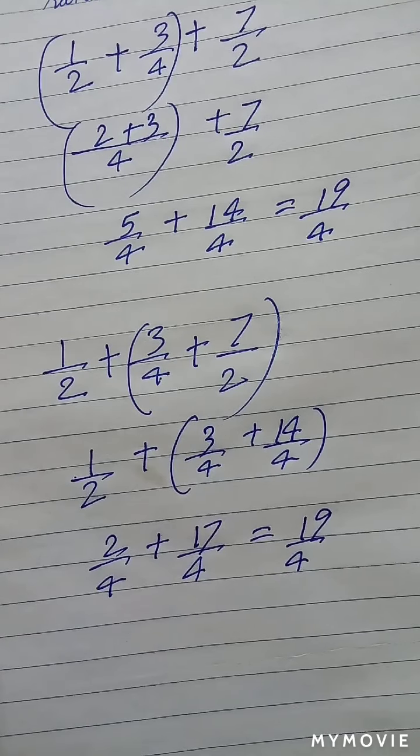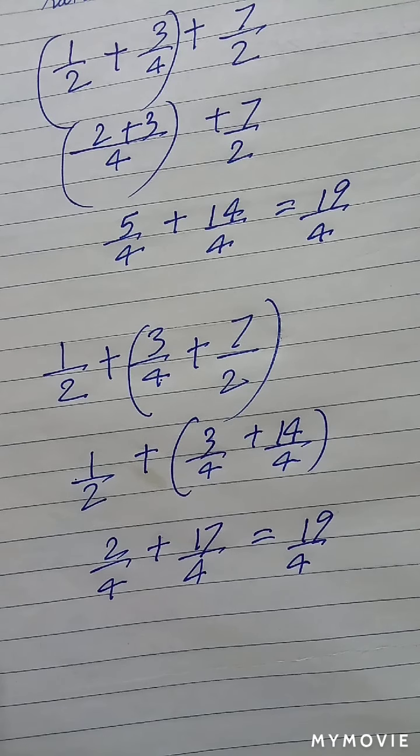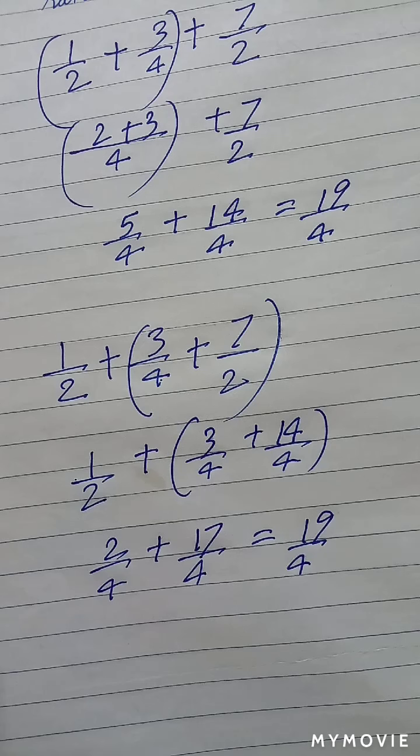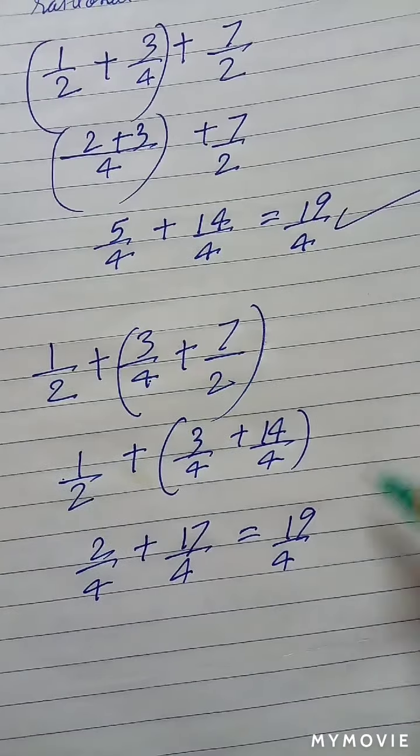So, we see that when we grouped 1 by 2 and 3 by 4 together and we added 7 by 2 to it, we got 19 by 4. And when we grouped 3 by 4 and 7 by 2 together and later we added 1 by 2 to it, the result is the same.